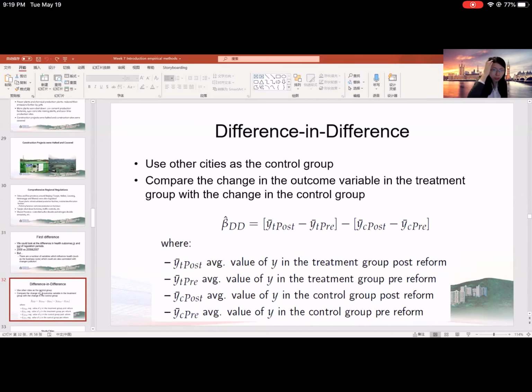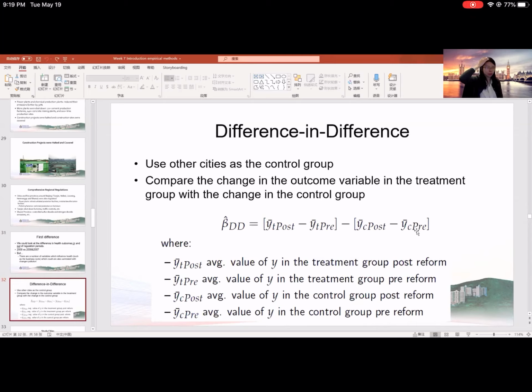So the way people improve this is to add another source of difference by using other cities as controls, the cities that haven't experienced change in pollution as a result of the Olympics as the control group, and look at Beijing 2009 minus Beijing 2008. Also the other way, Beijing 2008 minus Beijing 2007, minus another city such as Shanghai 2008 minus Shanghai 2007.